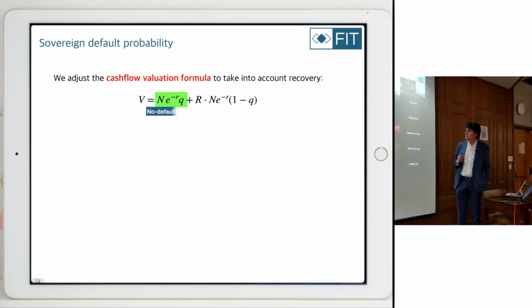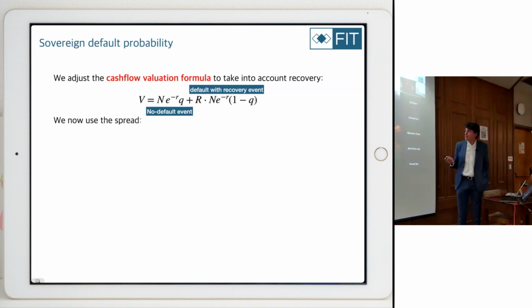Then that is the no default event. That's the value of my payment if there is no default. That is my payment if there is default but I get recovery. And Q is risk neutral, so it's good.